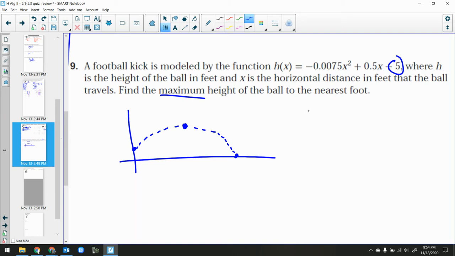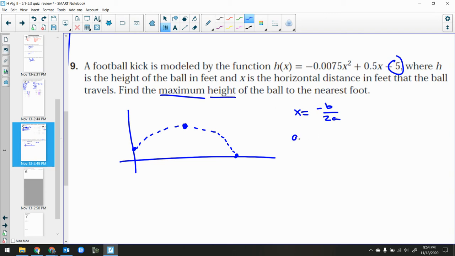When I talk about maximum value, remember we talked about those terms, maximum and minimum, those reference the vertex. That means I want to find negative b over 2a. And then I'll plug that in too, because x is going to tell me the horizontal distance, and y is going to tell me the vertical distance, and I'm looking for the max height.